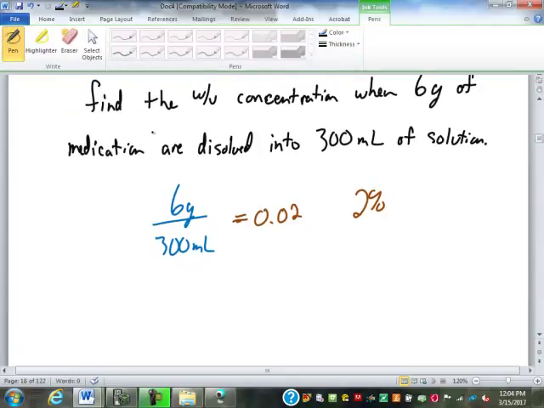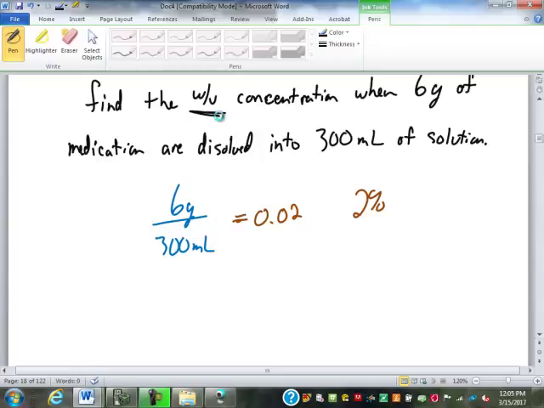Most of the time, a weight in volume solution is a powdered medication in a fluid, and it probably is the most common that we have. And these are almost never additive. So if we say we're going to add so many grams of medication into that solution, we have to know the total volume of the solution.